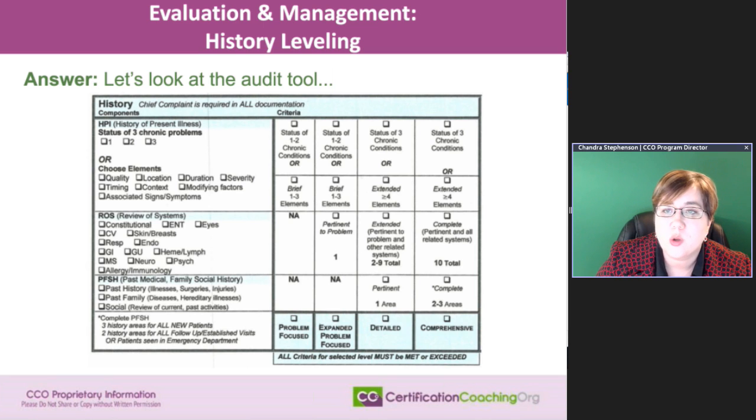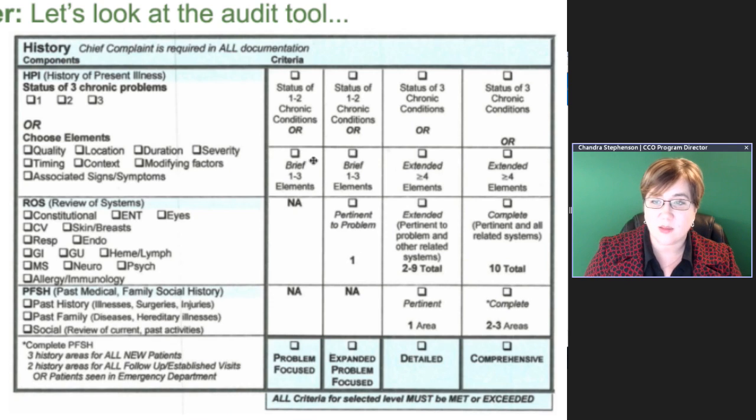overall. So if we're looking at history of present illness, and we have multiple chronic conditions, right? We can capture HPI one of two ways. We can either capture it based on the status of 3 chronic problems or based on the individual elements. Now, with the status of chronic conditions, you'll notice, regardless of which way we choose, whether it's the chronic problems or the elements, there's really only 2 levels of HPI, right?